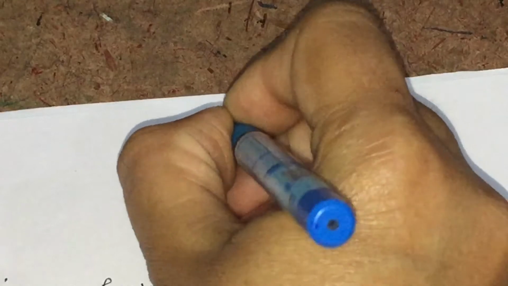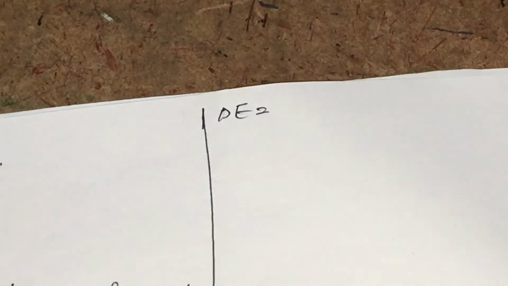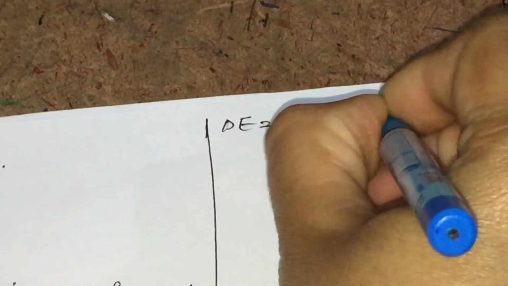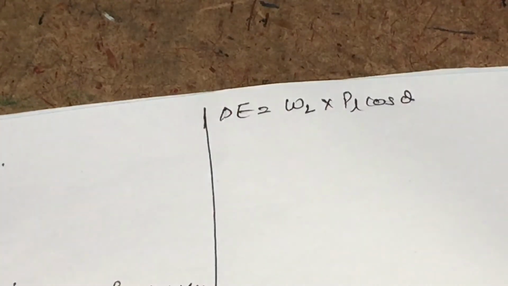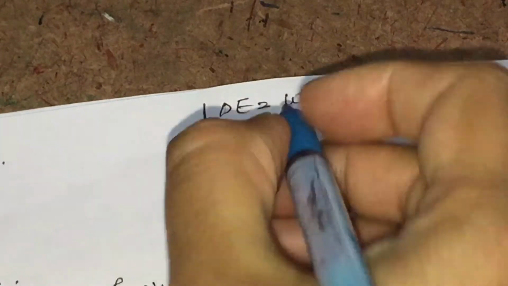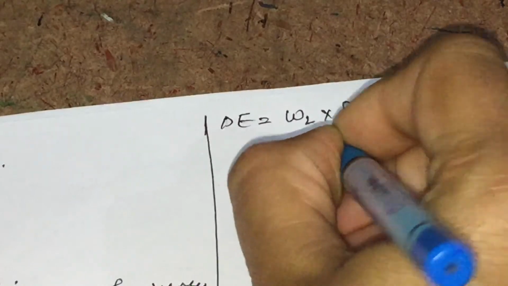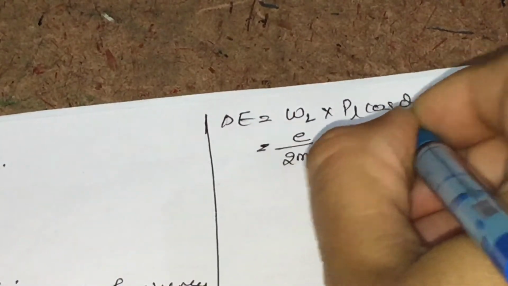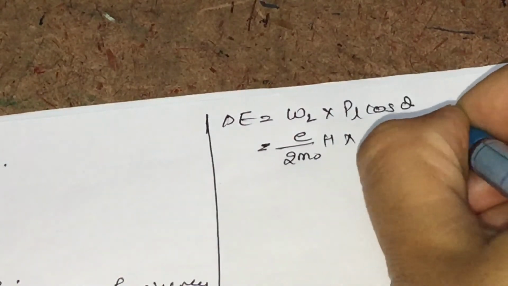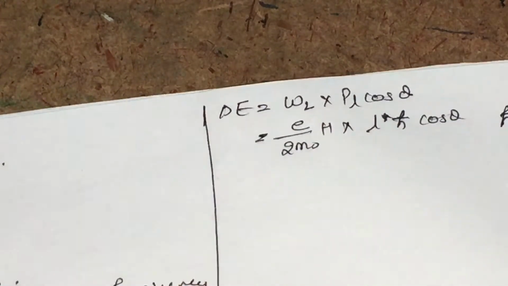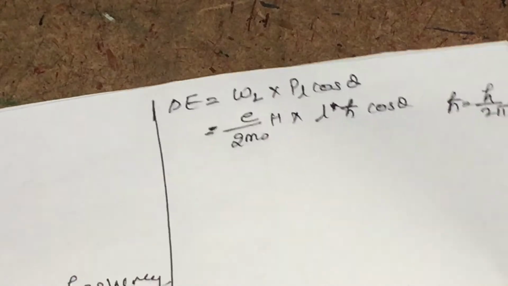Hence we are aware by how much our energy is changed, that is omega L into the projection of our angular momentum in the direction of the applied magnetic field, and it is given by 2m naught H into L star H cross cos theta, where H cross is our Planck's constant divided by 2 pi.